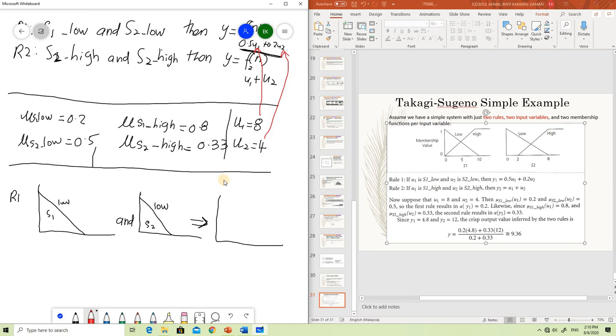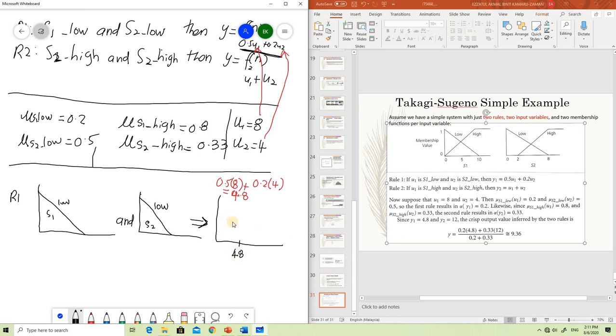So 0.5 times 8 plus 0.2 times 4. So what would be the answer? It is equal to 4.8. Okay, so our first spike would be somewhere around here, 4.8.